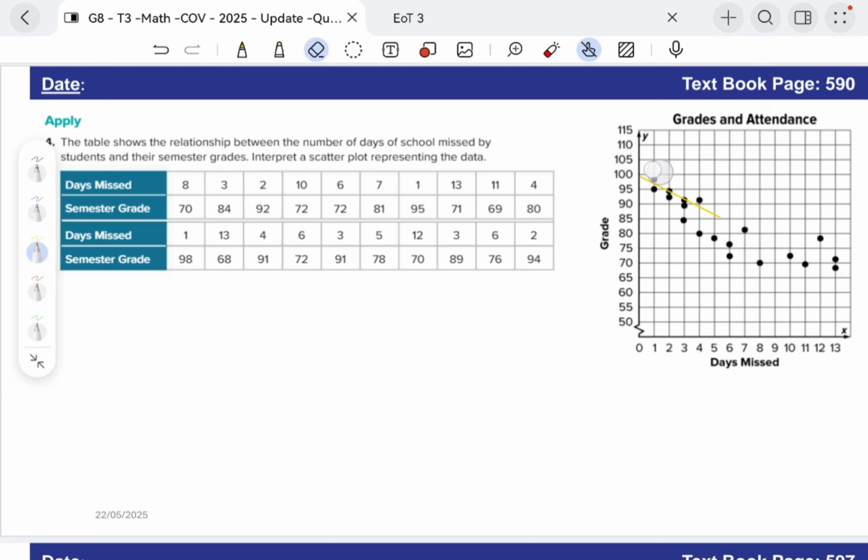I will try to make it better. Okay, it's something like this. So as we can see, if the number of days increase, the grade will decrease. So this is a negative association.